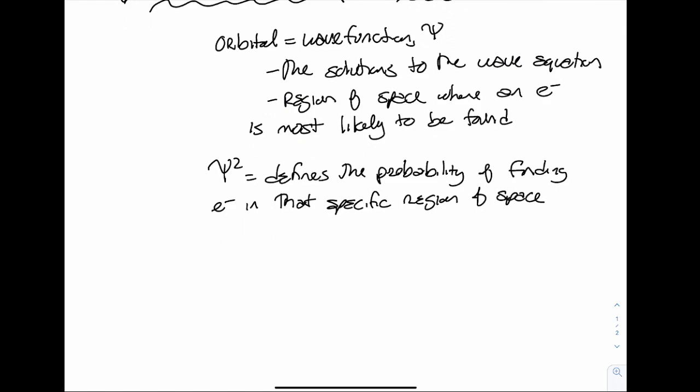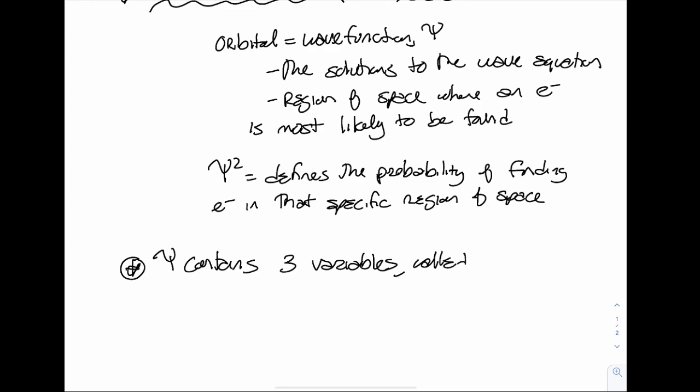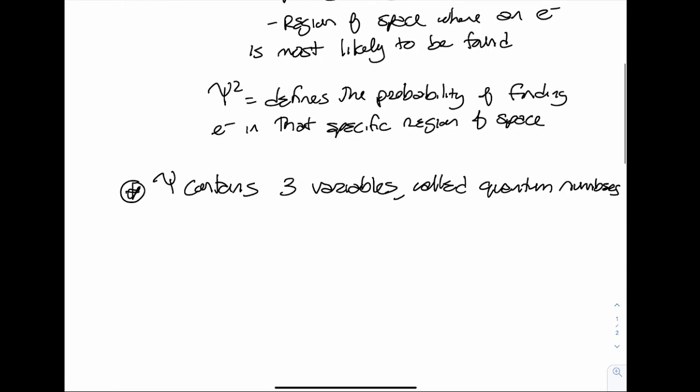Our wave function, psi, contains three variables. And these variables are called our quantum numbers. There's actually going to be four quantum numbers; we'll add the fourth one after, but for now I just want to talk about these first three.